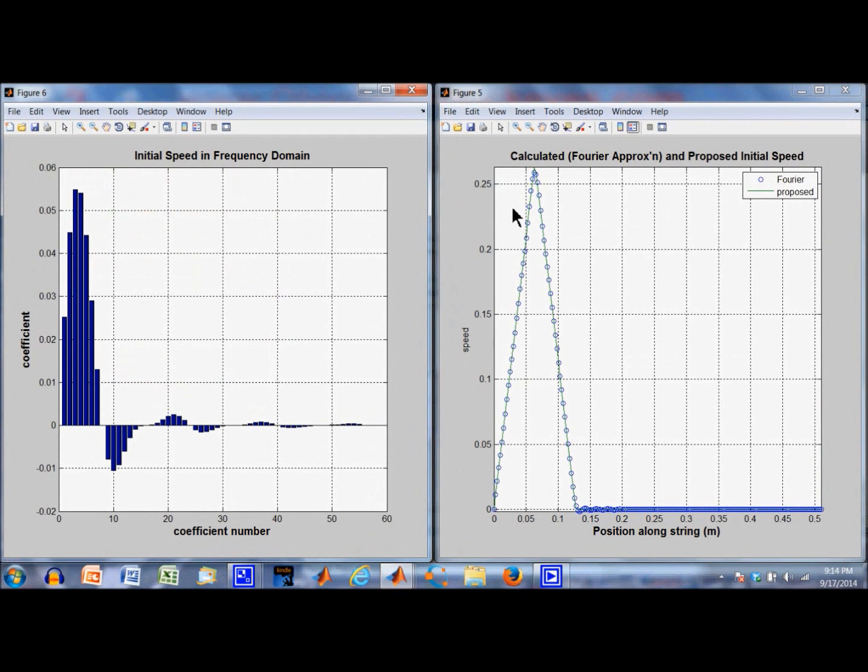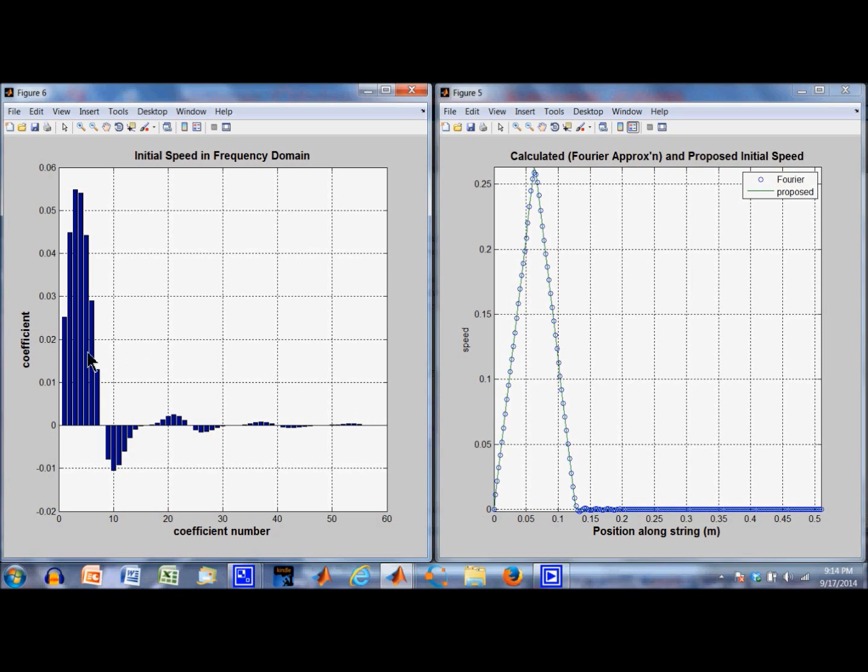Here's the initial speed and its representation in the frequency domain. This is necessary for the solution by Professor McDonald because he needs to approximate the initial speed by a Fourier series. I show here the initial speed in green, and the little circles are what the approximation looks like.